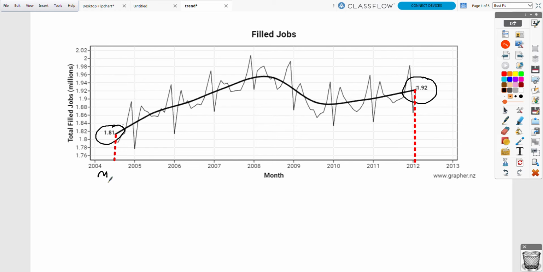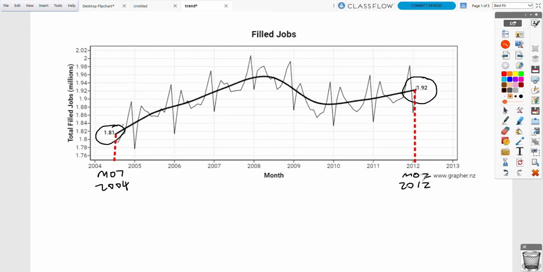Now my first entry is M07 2004. That means that my first set of data was collected in July 2004 and it was collected monthly, not quarterly. My last one was M02 2012.